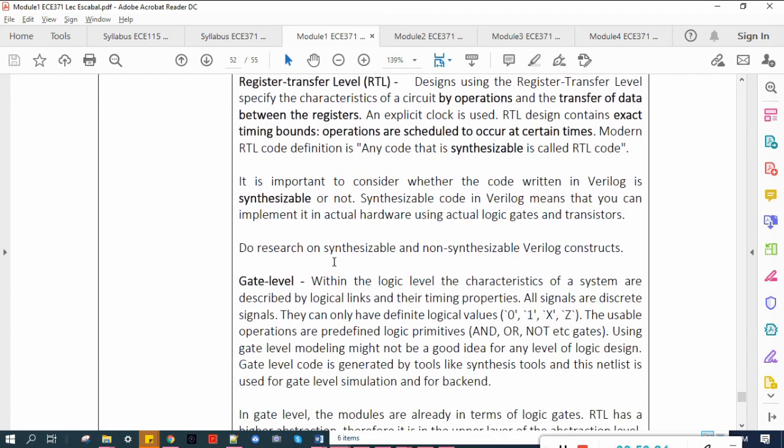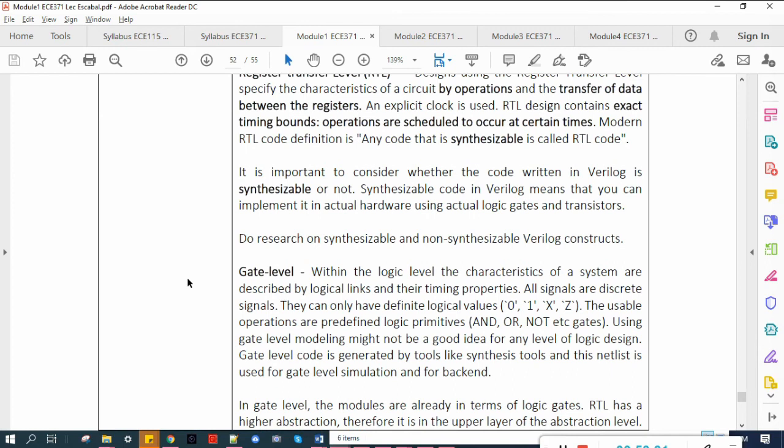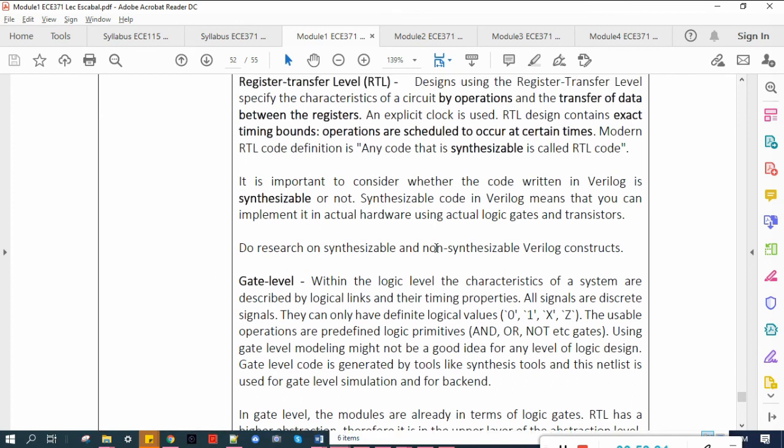So do research on synthesizable and non-synthesizable Verilog constructs. Please do that. Why are there even non-synthesizable Verilog constructs? These are actually used in the test bench. Those non-synthesizable Verilog keywords or codes are used in verification or testing our HDL codes.